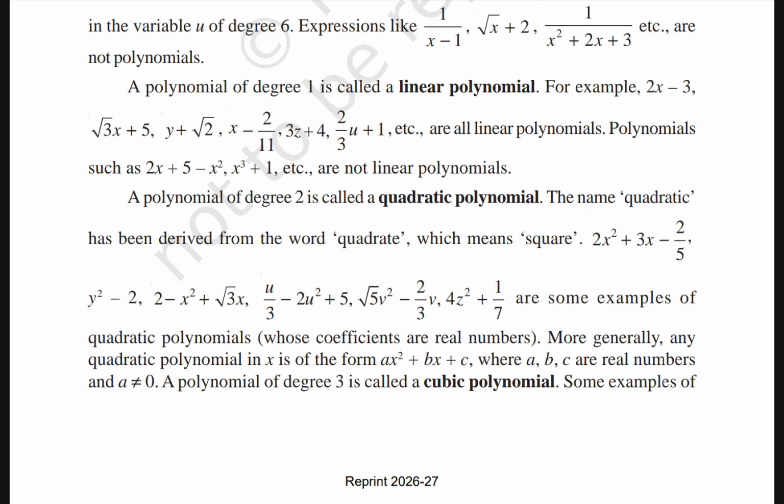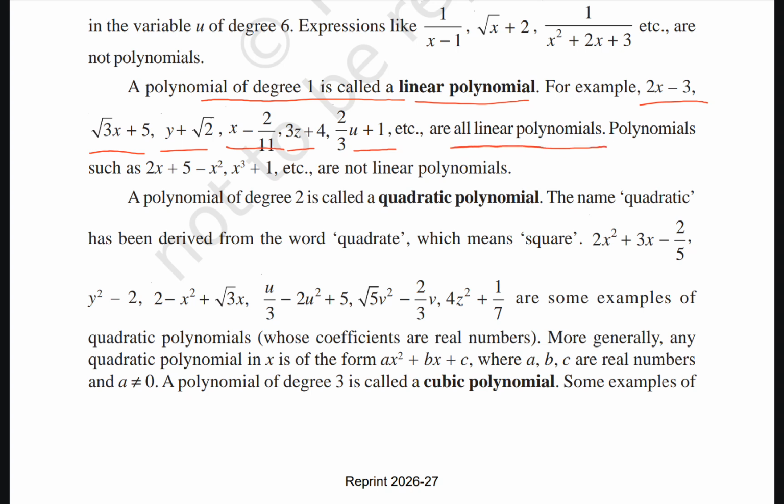Now see, a polynomial of degree 1 is called a linear polynomial. For example, 2x - 3, √3x + 5, y + √2, x - 2/11, 3z + 4, (2/3)u + 1, etc. are all linear polynomials.